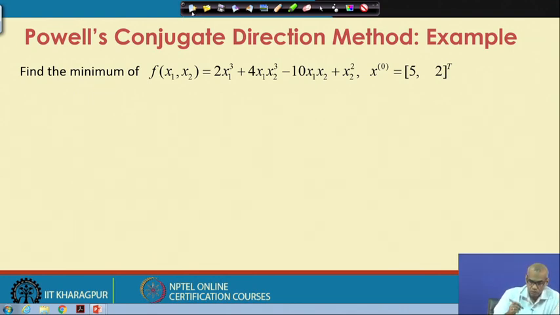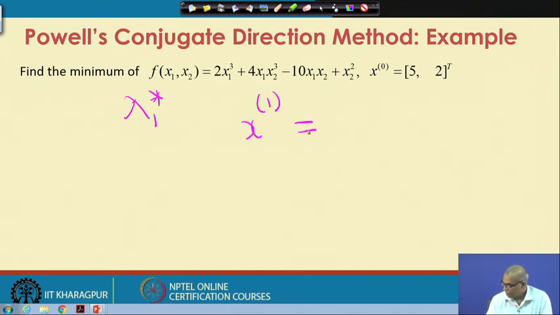Once I have got lambda 1 star, I can find out x 1. How?